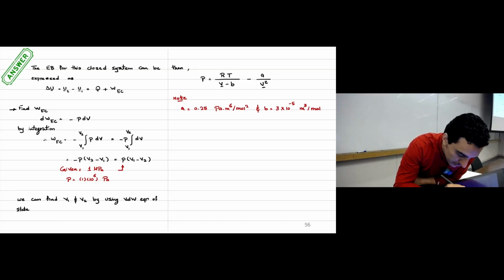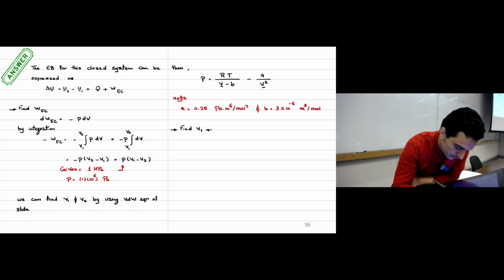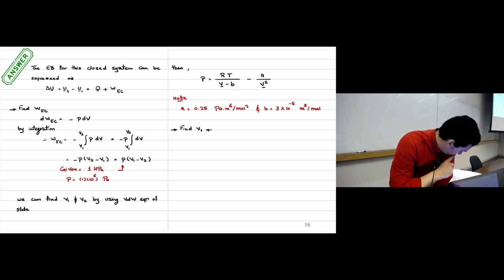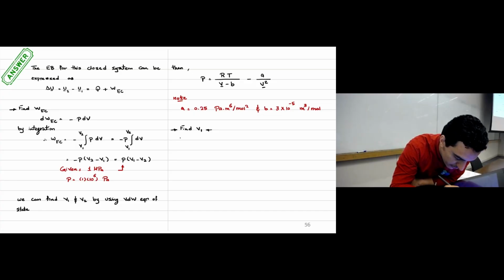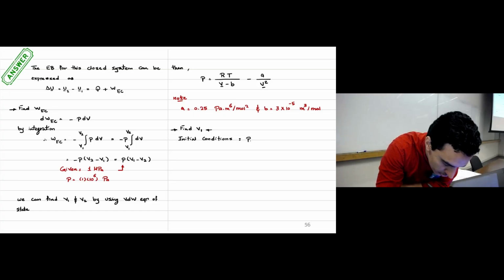So we can find V1. So the initial conditions: we have pressure 1, this is 1 megapascal, and as we said, this will be 10 to the power 6 Pascal.